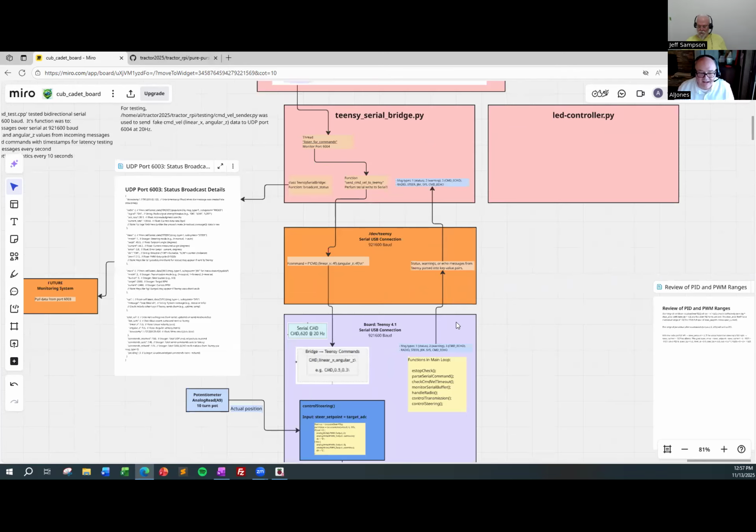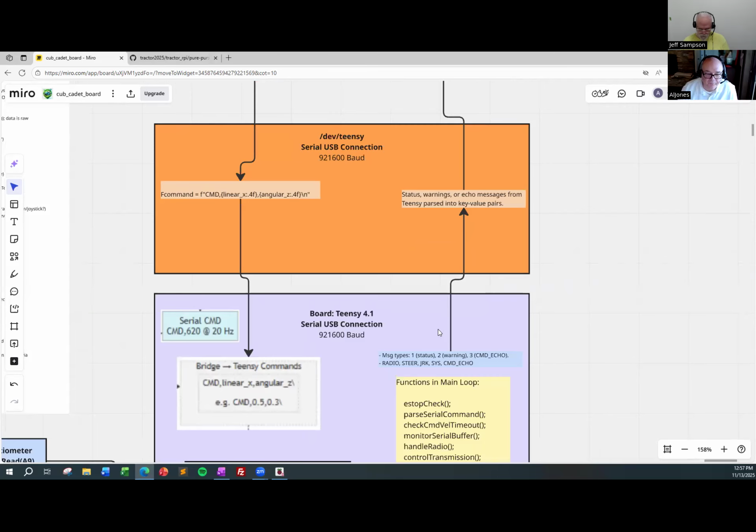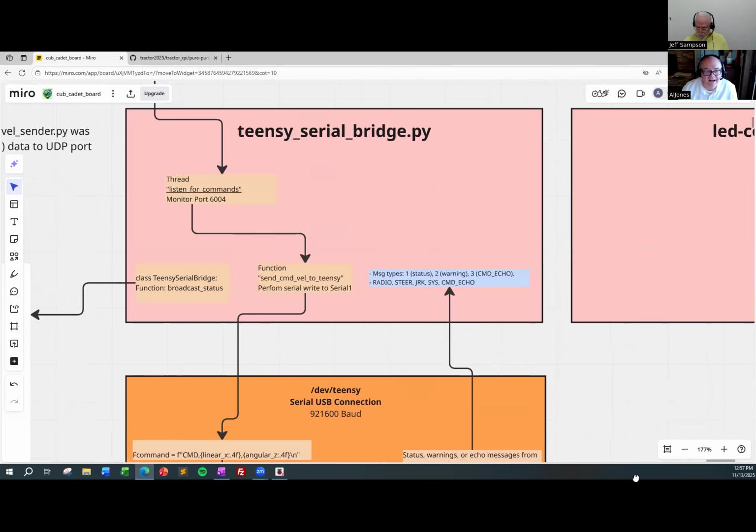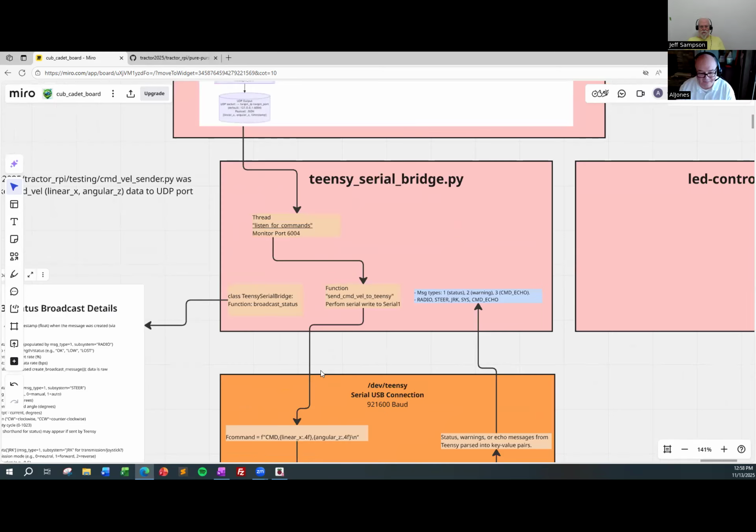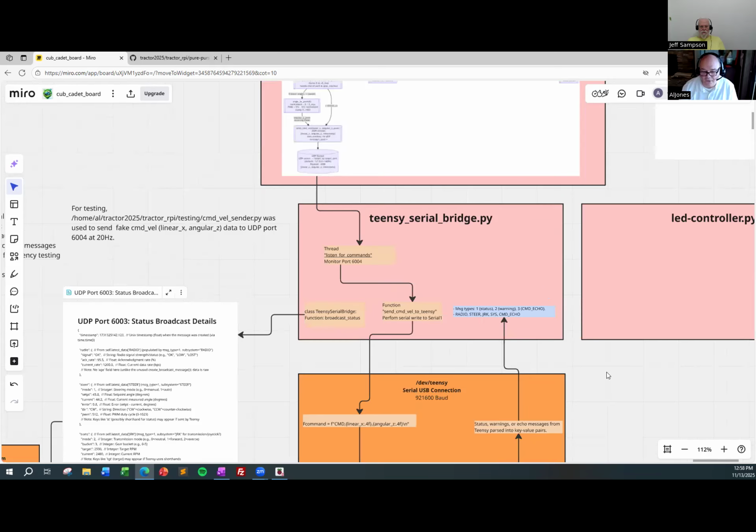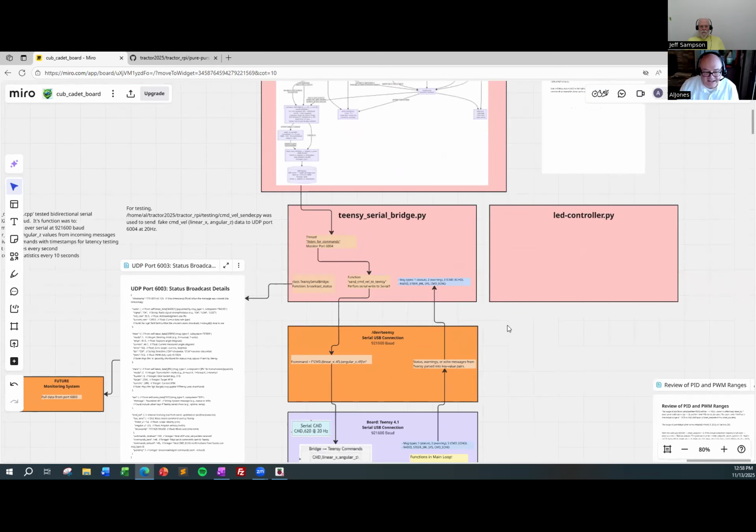But I've got the Teensy for low-level control, and I've got the RPi, which is running something called my Teensy serial bridge to try to take information on and off, or be the two-way communication flow for my Teensy. And others might have this all figured out easily in their head.